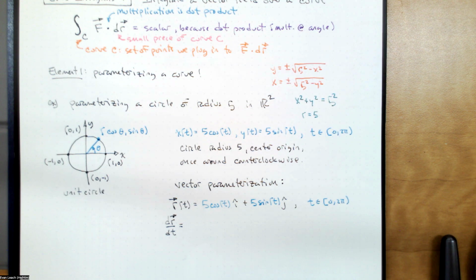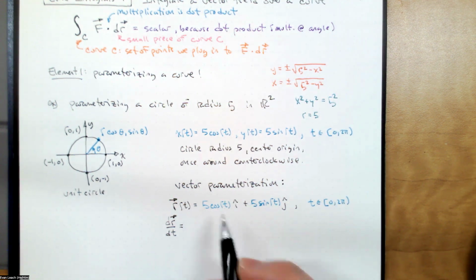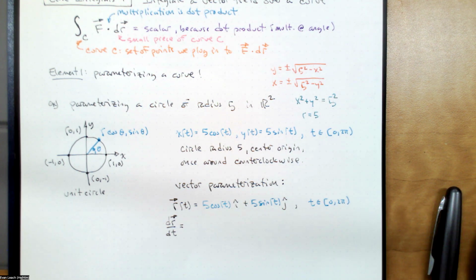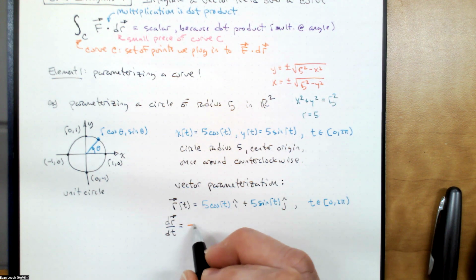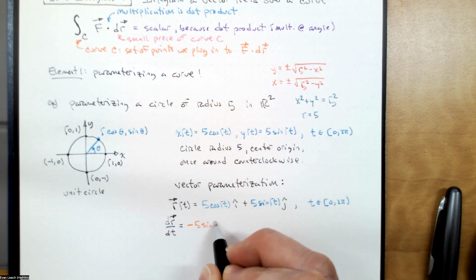r of t. Now, I haven't talked about how we find the derivative of this vector function. I'm just going to make you guess. Take a moment and guess. Moment's over. So the derivative of 5 cosine t, derivative of cosine is negative sine, so it's negative 5 sine of t.